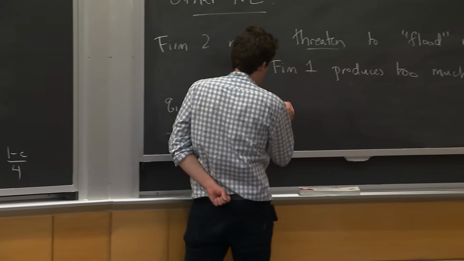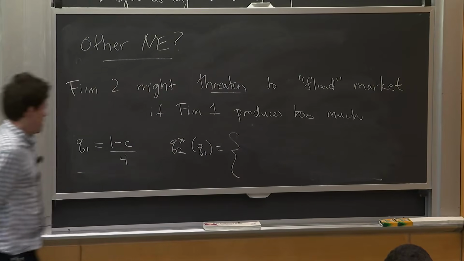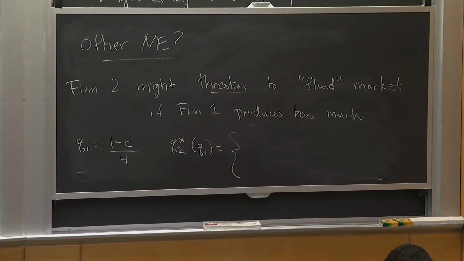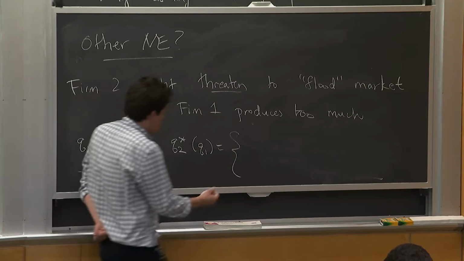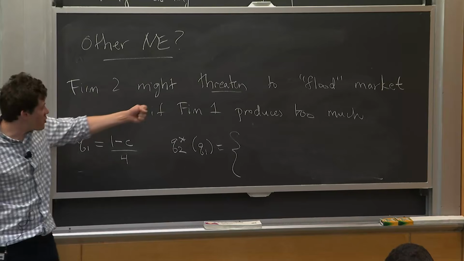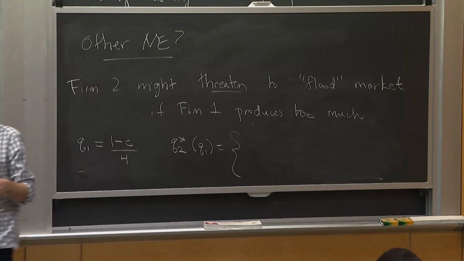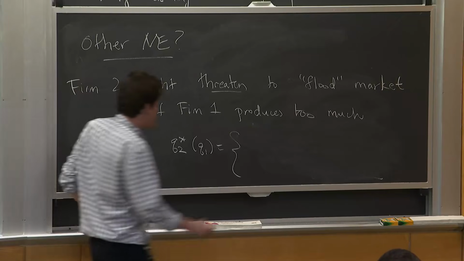And now, what is q2 star going to be? Well, there's a few different ways we can do it, but let's use the idea that they're going to threaten to flood the market if production is too high. So let's look at two cases.